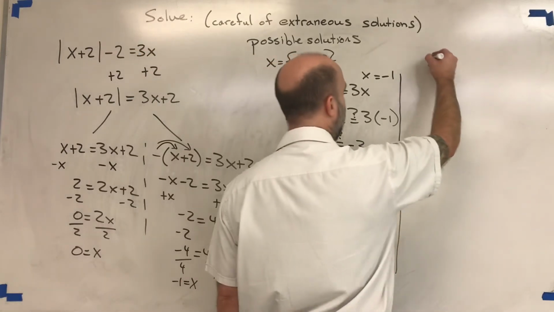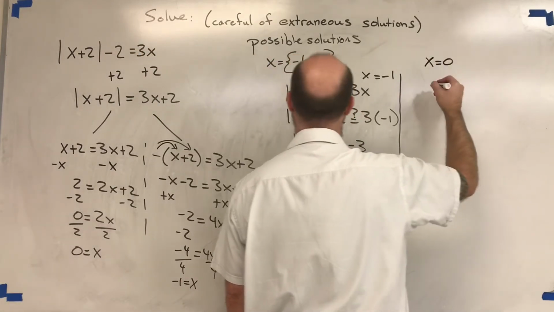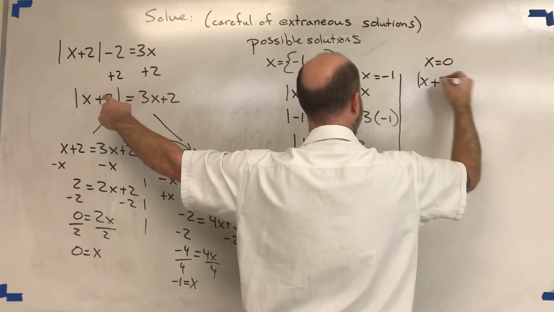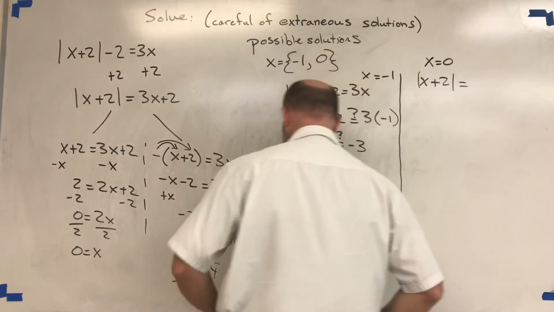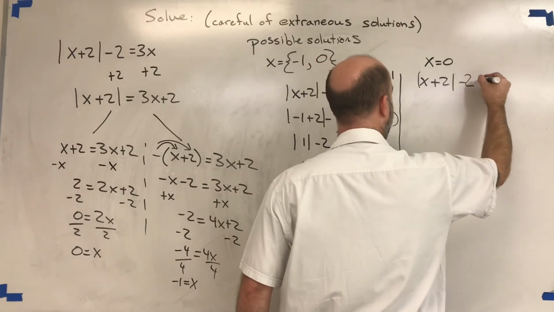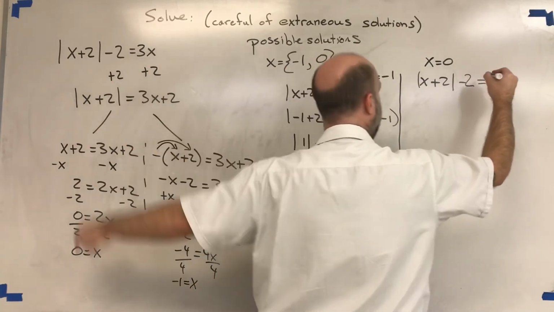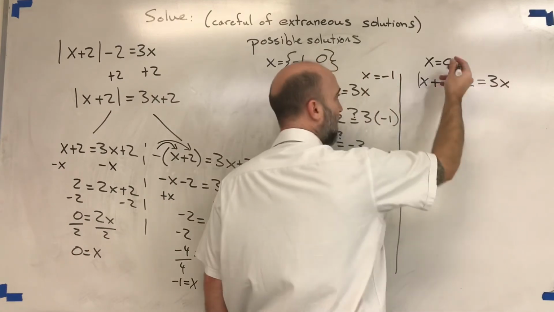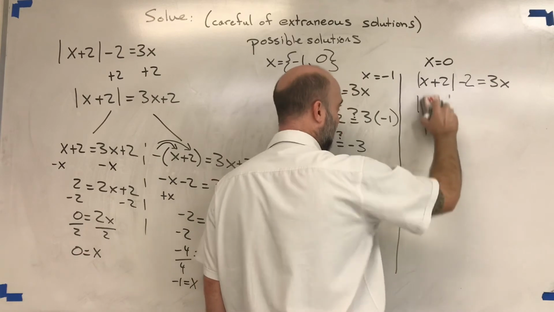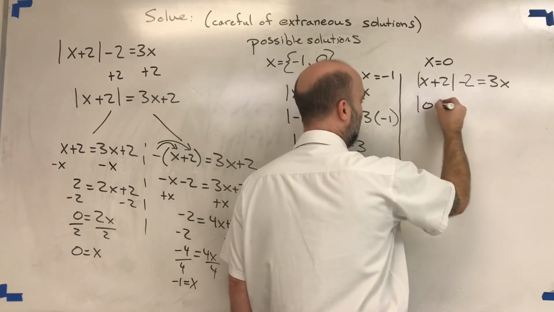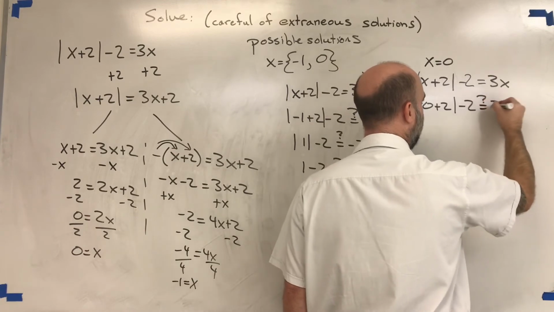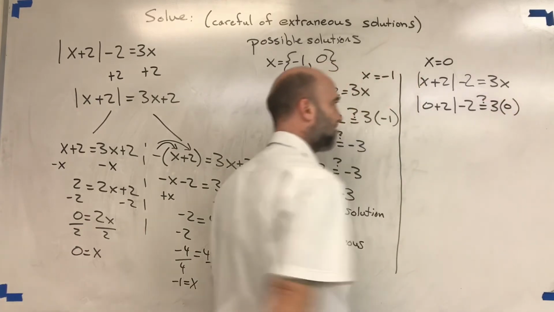So now I'm checking, does x equals 0 work? And the original problem is the absolute value of x plus 2, minus 2 equals 3x. All right, plugging 0 in, the absolute value of 0 plus 2, minus 2, question mark, does that equal 3 times 0?